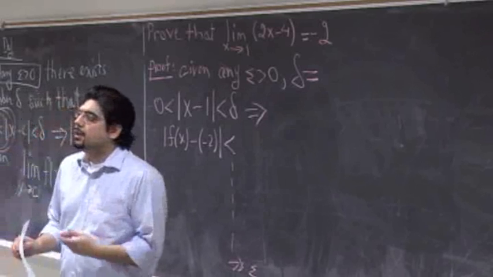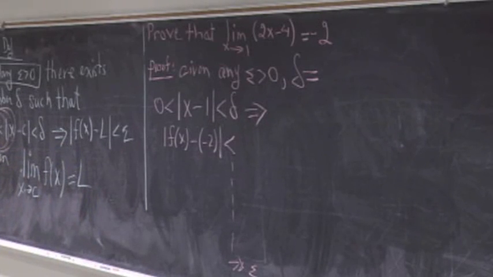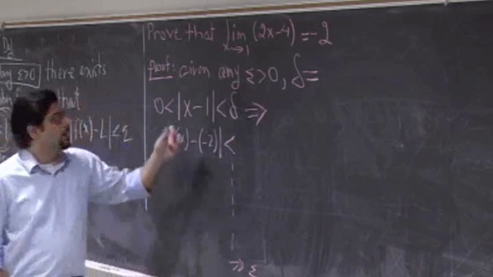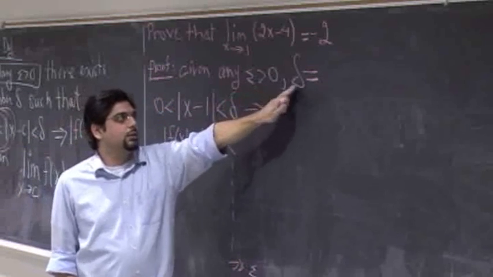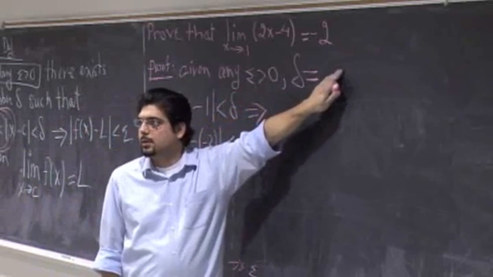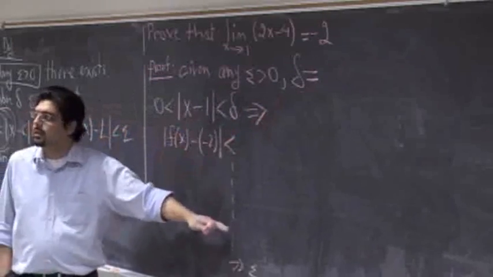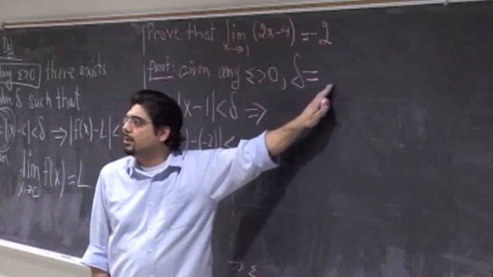When you read epsilon delta proofs about the values of limits, it seems mysterious, because the proof is written like this: given any epsilon greater than 0, delta equals this, then this implies this. Most of the time, it's not clear where they got this delta from.